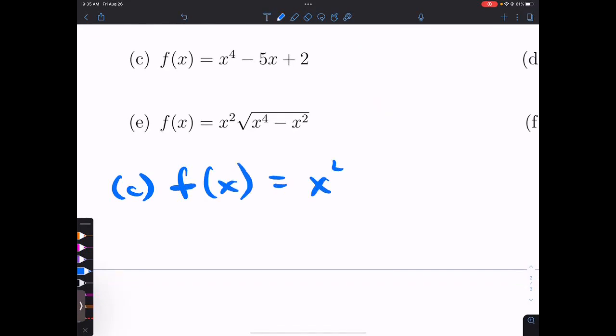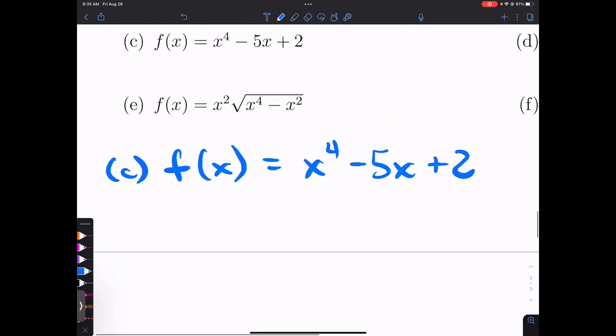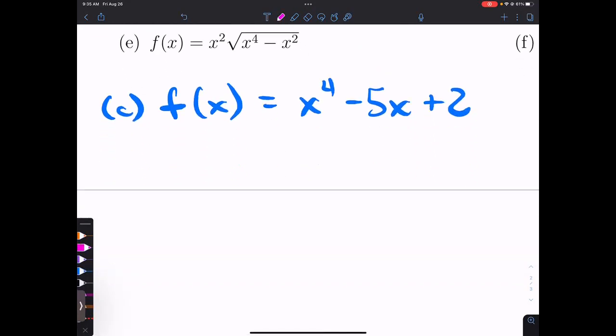F of x is x to the fourth minus 5x plus 2. The thing you need to do is find f of negative x. So let's take a couple minutes just now to do that one. Take this function, evaluate it at negative x, talk to your group about setting that up, simplifying, and then once you've got it simplified, what does that mean?